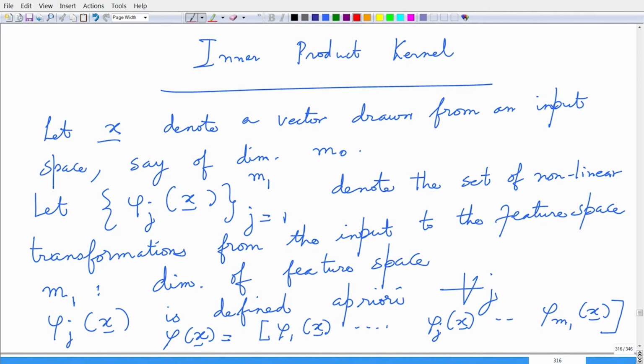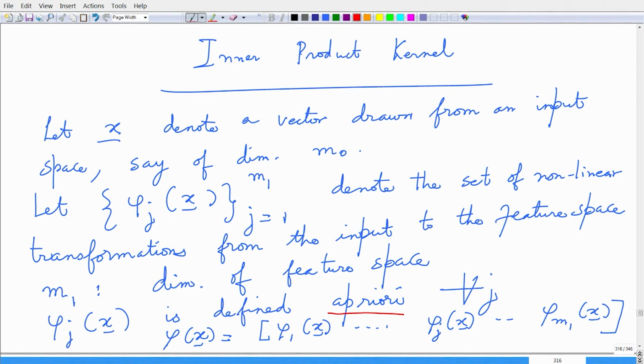Now phi j of x is defined a priori. I think this concept would be more clear once we discuss an example of these inner product kernels and what these feature spaces are, particularly when I discuss the solution to the XOR problem using SVMs. There I think you will get the clarity behind what I am talking.